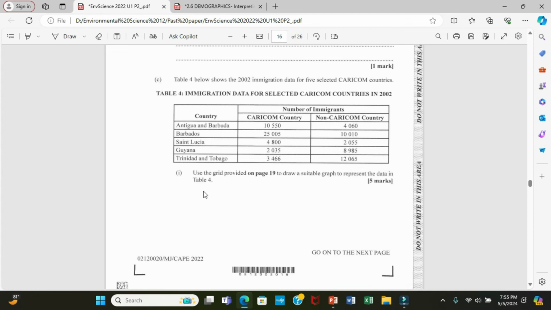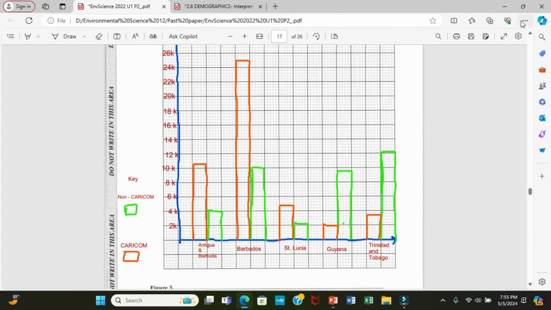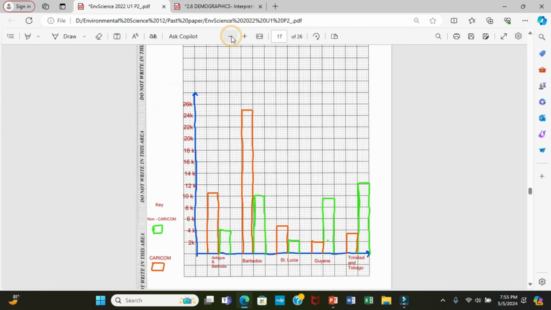Part 1 of the question says use the grid provided on page 19 to draw a suitable graph to represent the data in Table 4. All right, so this is what I came up with, guys. On this axis, of course, we put the number of individuals, the population size. Down here we put the countries, and we color code them with a key.